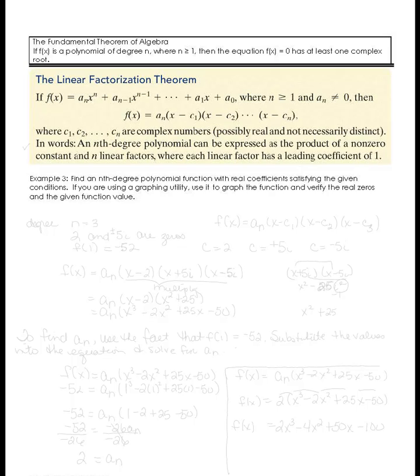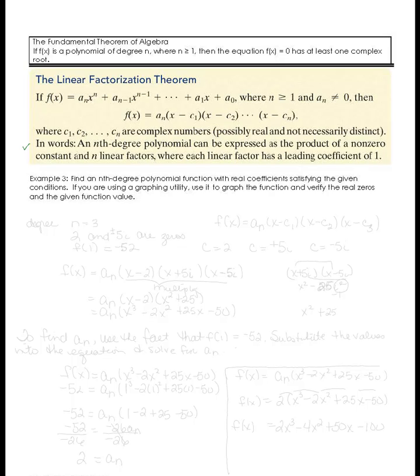It says if f of x is equal to a sub n, our leading coefficient, remember that, times x to the nth power, plus, and it proceeds all the way to a sub 0. I'll let you read the equation, where n, our degree, has to be greater than or equal to 1, and our leading coefficient, a sub n, does not equal 0.